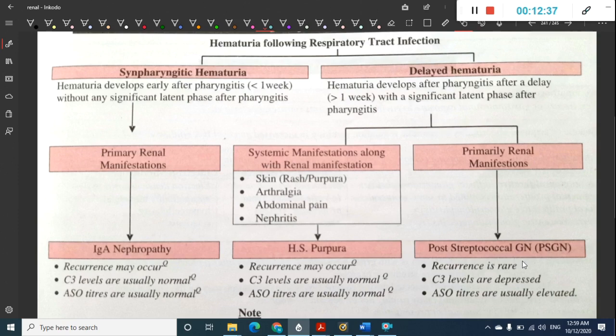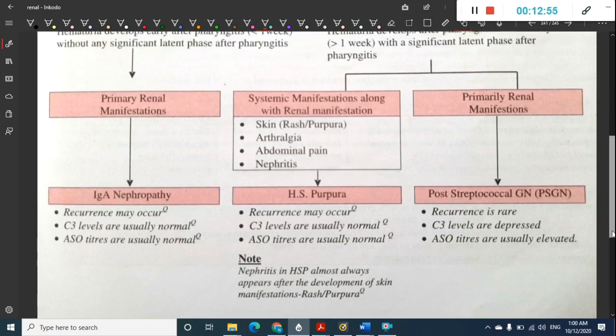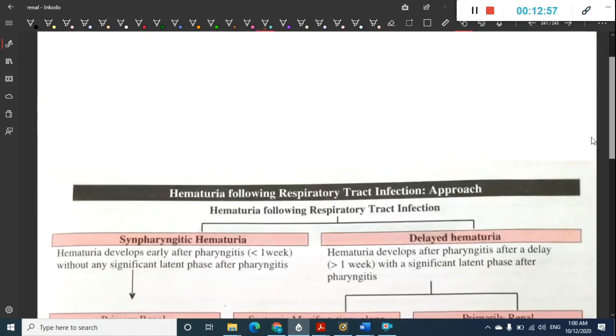In delayed hematuria, we have Henoch-Schönlein purpura and post-streptococcal glomerulonephritis. At this stage, we will have to see systemic disease. If delayed hematuria is associated with systemic disease, then that is Henoch-Schönlein purpura. If it is not associated with systemic disease, then that is post-streptococcal glomerulonephritis.